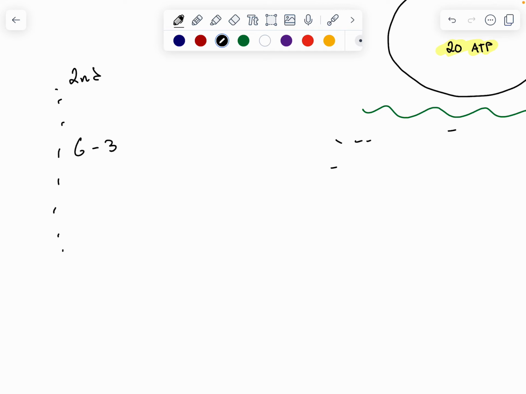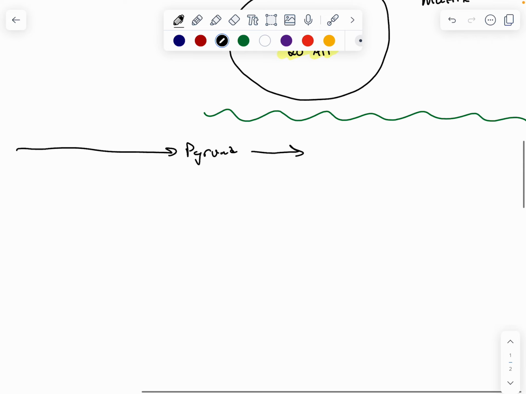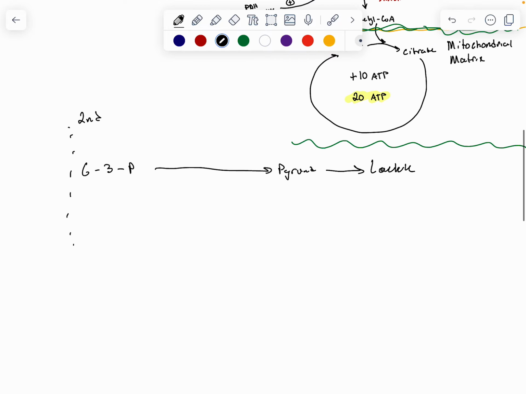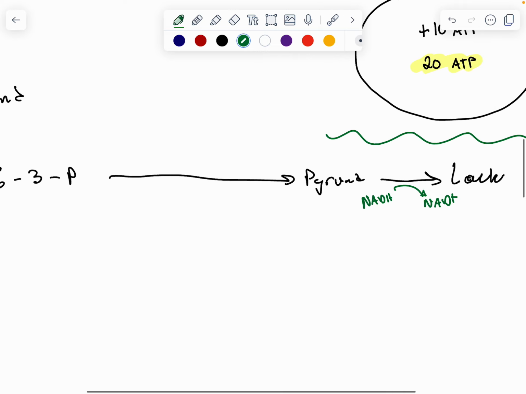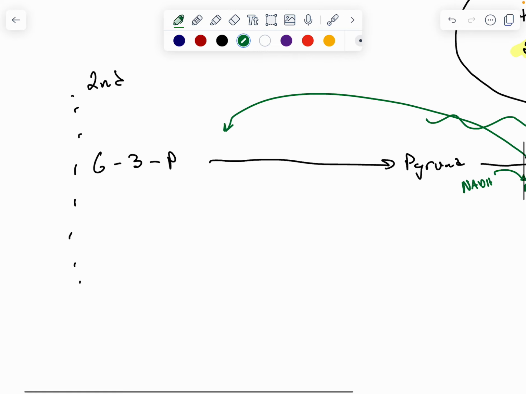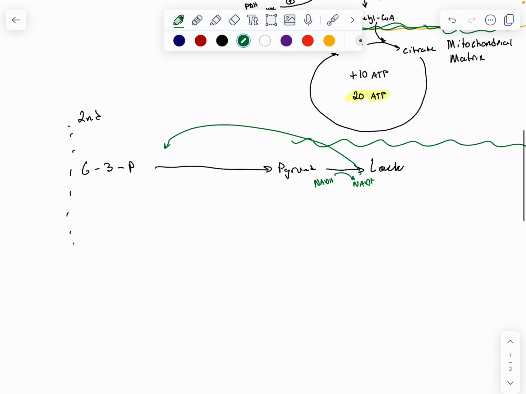And if we remember, we have G3P right here. And we come down here to pyruvate and then to lactate. And you'll see why I'm including lactate in this. Because if we remember, from a normal anaerobic state, NADH came through and produced that NAD plus that originally came back all the way here to kick off the second stage of glycolysis again.